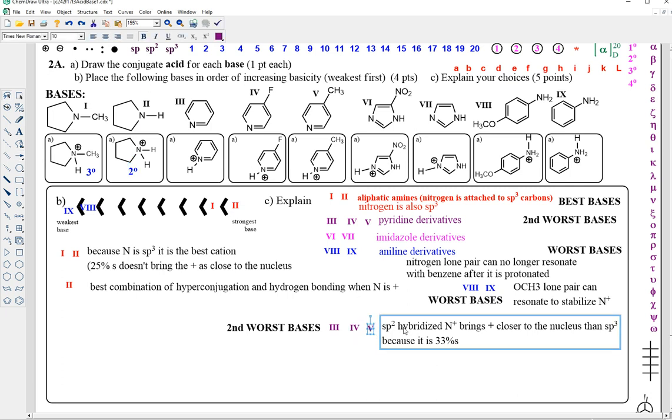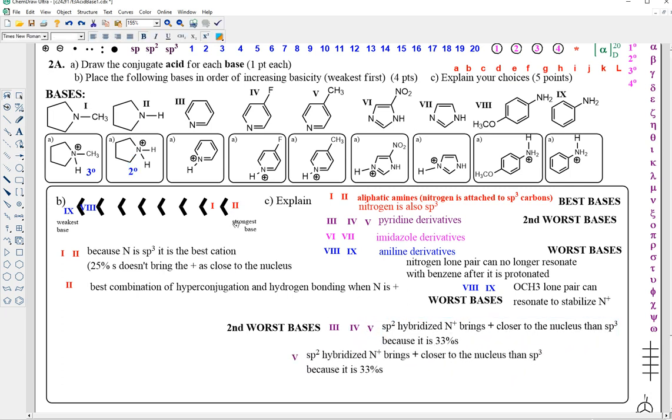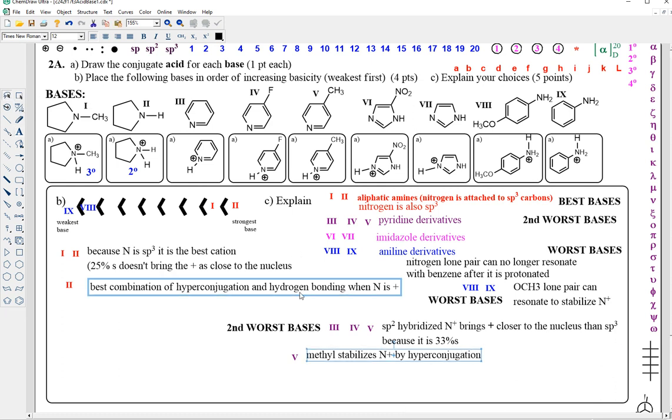So in 5, methyl stabilizes N plus by hyperconjugation. That puts 5 as the best of these 3.